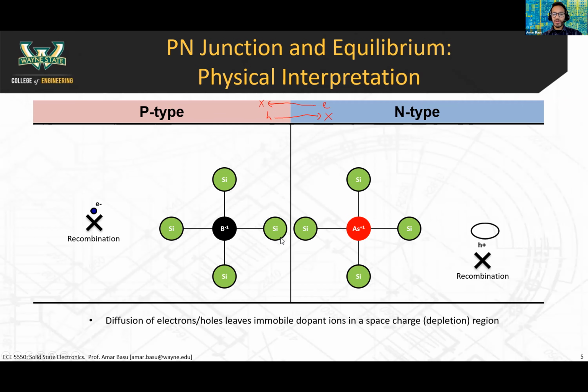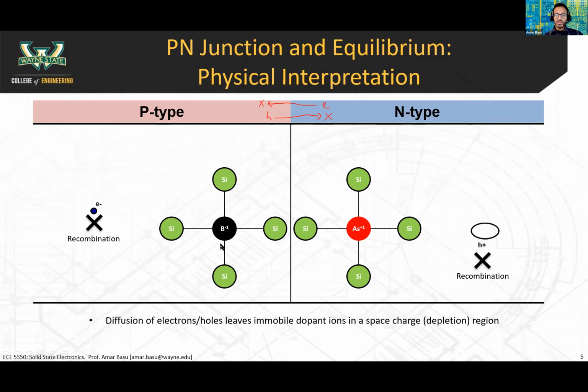We've only drawn one effective positive charge and one effective negative charge, but this is just for illustrative purposes. There are many electrons diffusing over and recombining, and many holes diffusing over and recombining. So imagine that you have many of these positively charged dopant ions on the n side and many of these negatively charged dopant ions on the p side.